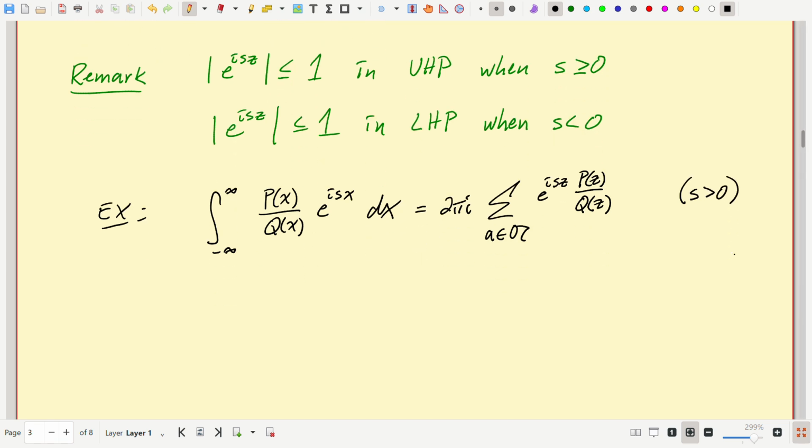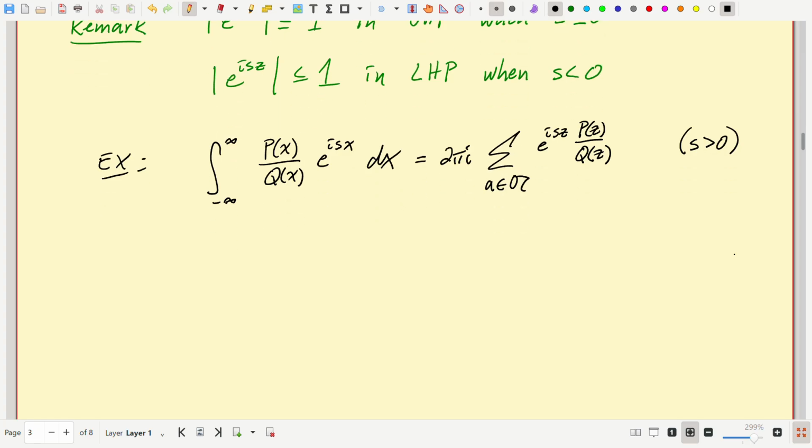And if you wanted to do the negative case, the s less than 0 case, then you do a contour in the lower half plane, so the contour would be this one in the lower half plane. And then I'd have an A that's in the lower half plane. So that's clockwise. And get something similar, except you'll be in the lower half plane and you'll have a minus sign.